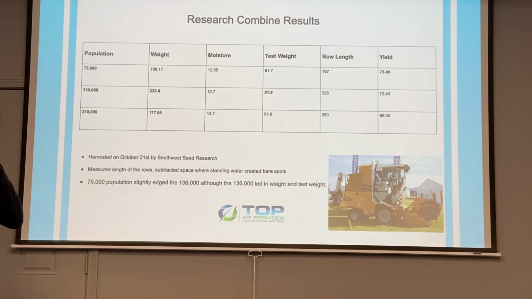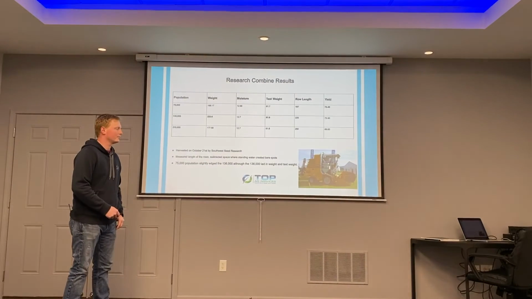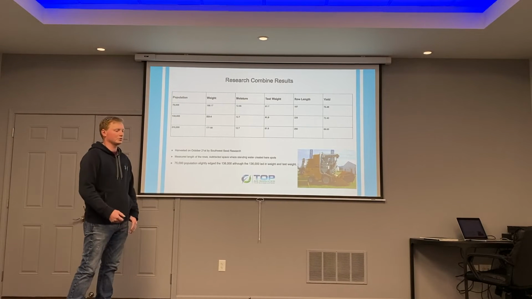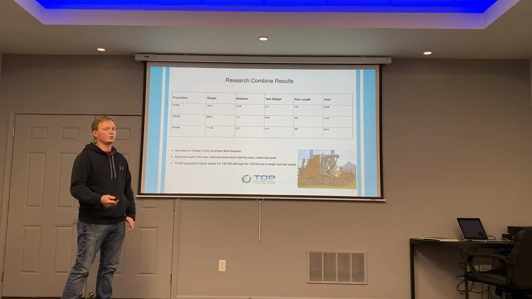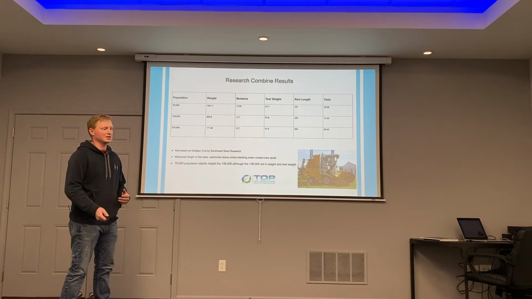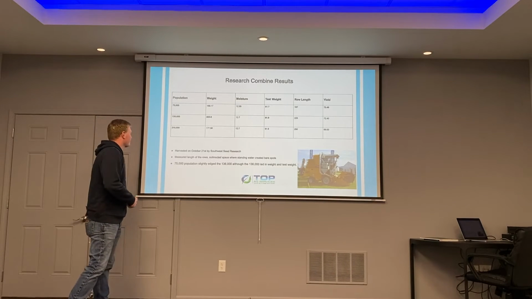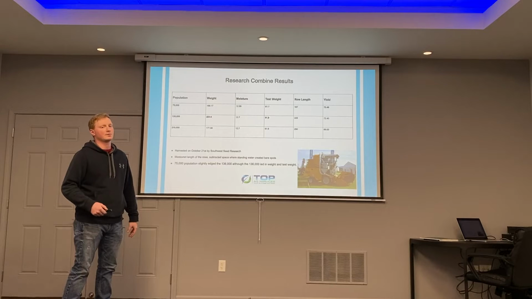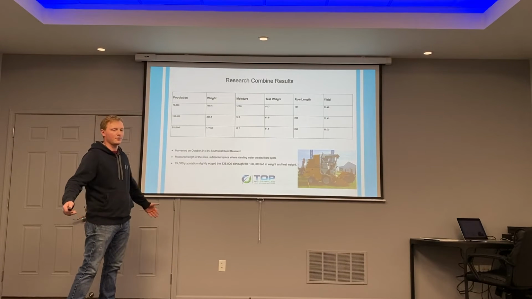Now, as far as our results from the combine, they came the 21st in October, and we harvested each row separately, individually, so we got individual data. To do this, we had to measure each row, get the length, and subtract any large bare spots. Those did leave a little bit of room for maybe some thinner spots that weren't necessarily part of large spots.